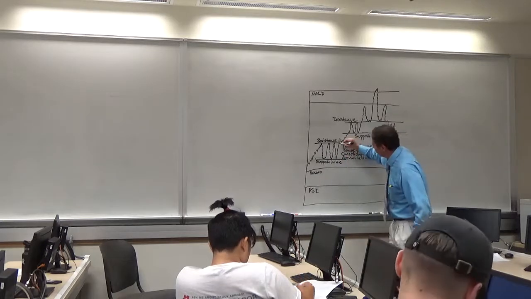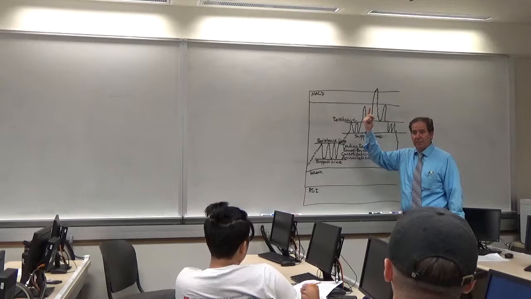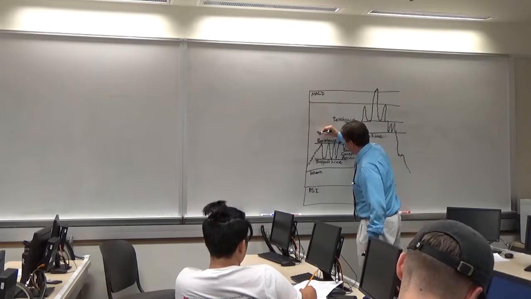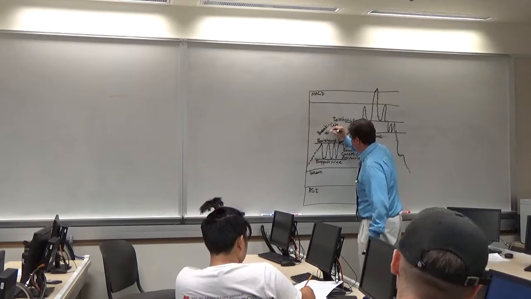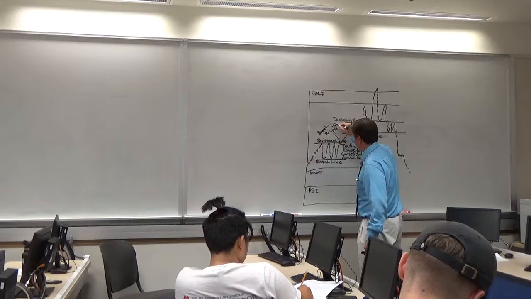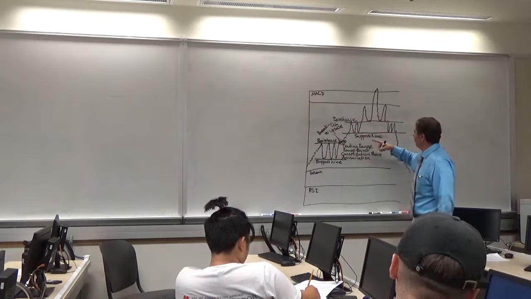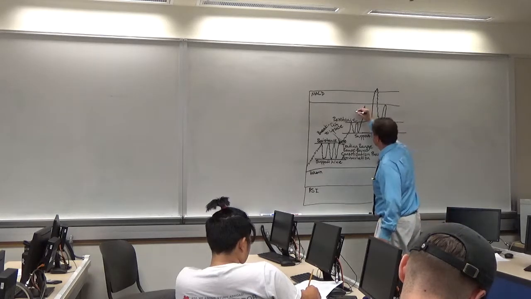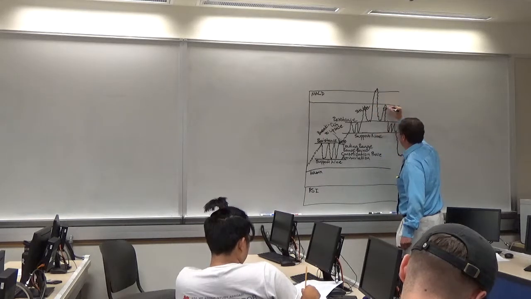And right here, this point, that's where the stock broke out to the upside. This is all terminology. So that's the breakout to the upside. This is called the shoulder right here, and the shoulder here.